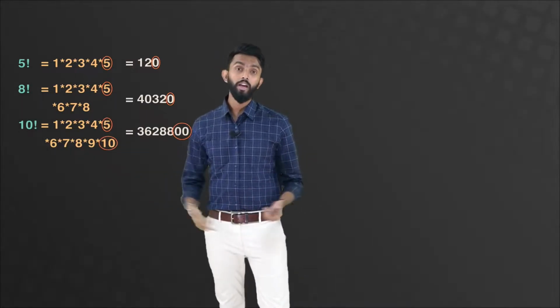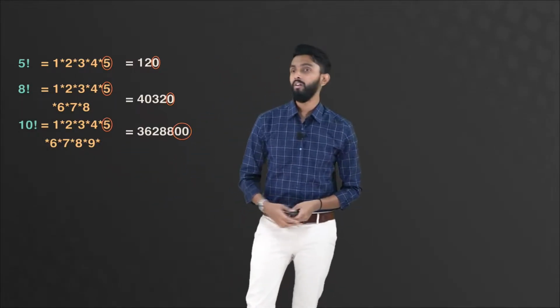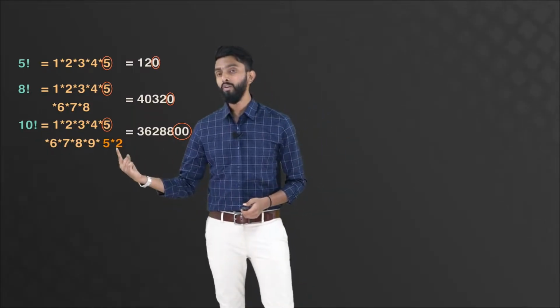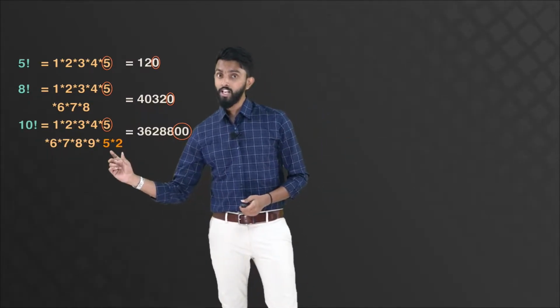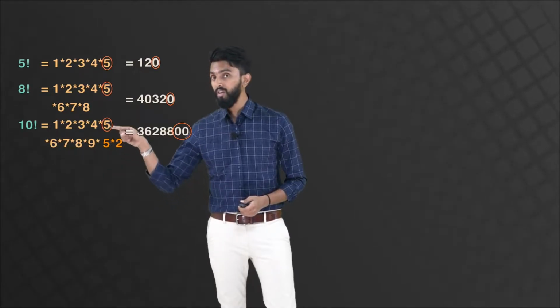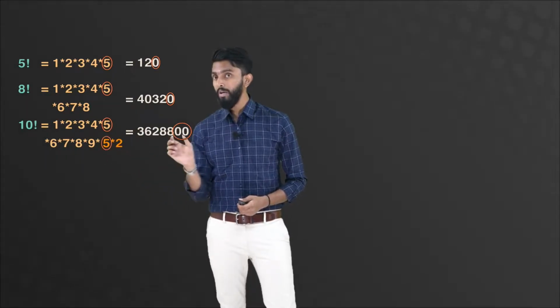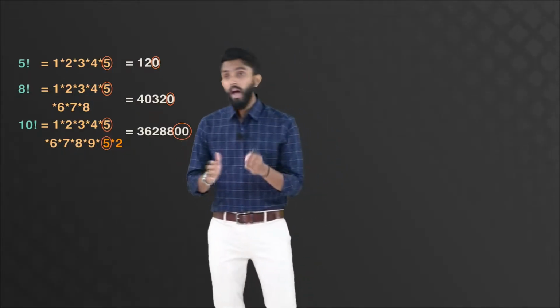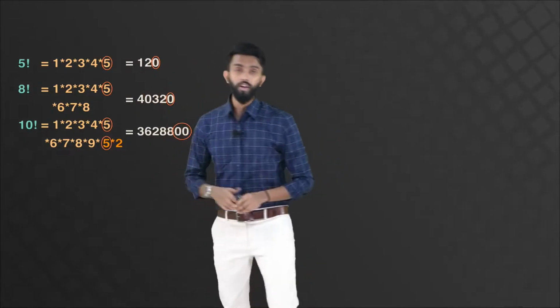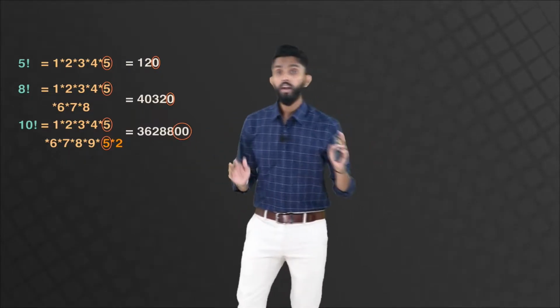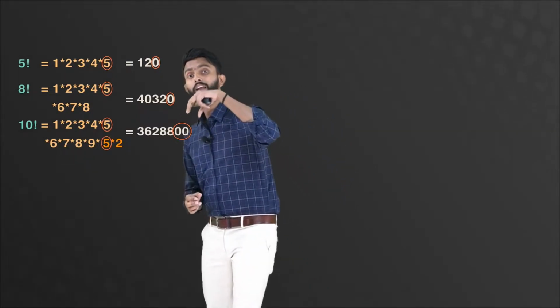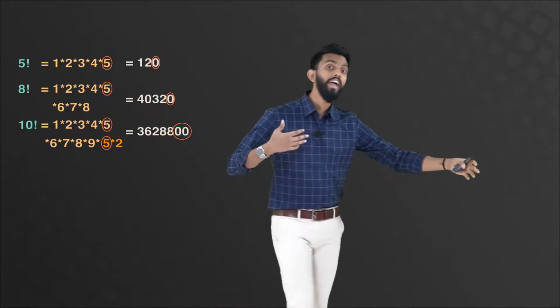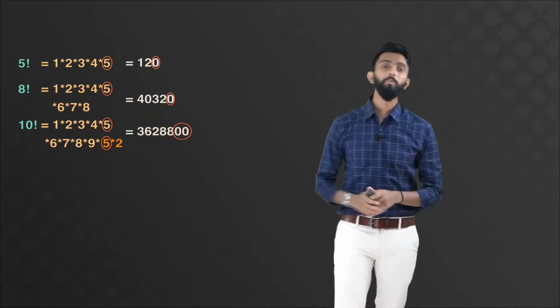And 10, you know, can be split and written as 5 into 2. So if 10 is expressed as 5 into 2, now count how many 5s are there. 2 fives. How many trailing zeros? 2 trailing zeros. Which means without having to calculate the factorial itself, you are able to calculate how many trailing zeros would be there at the end of that number.